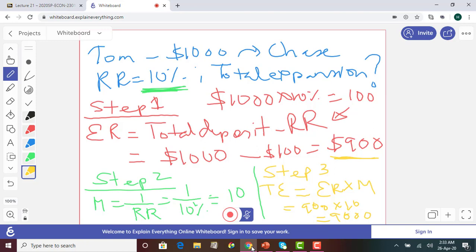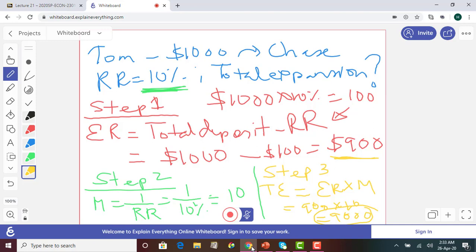$9,000. So just because Tom is depositing $1,000 cash in his checking account at Chase, it's going to increase the money supply by $9,000. That's exactly what this problem is trying to say.